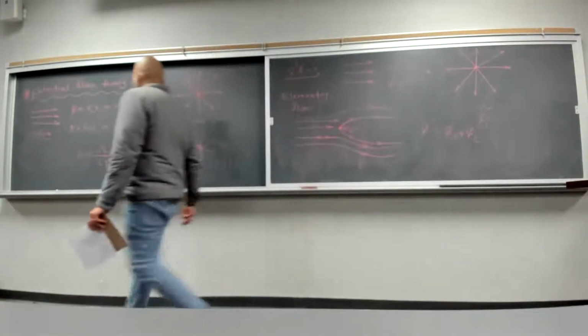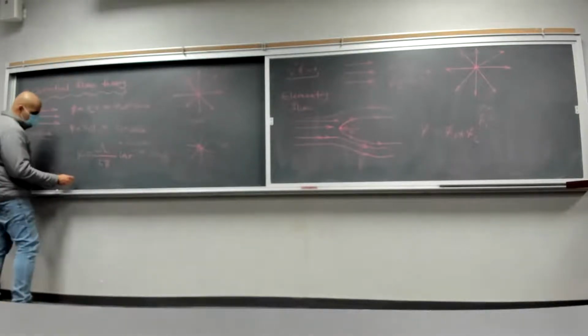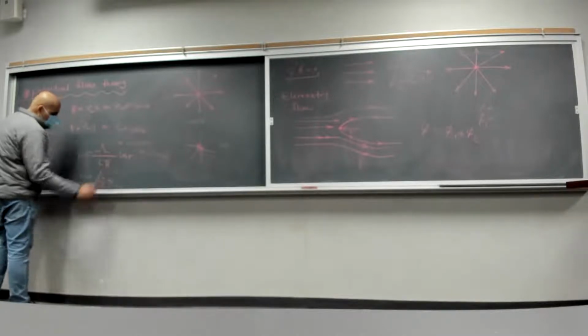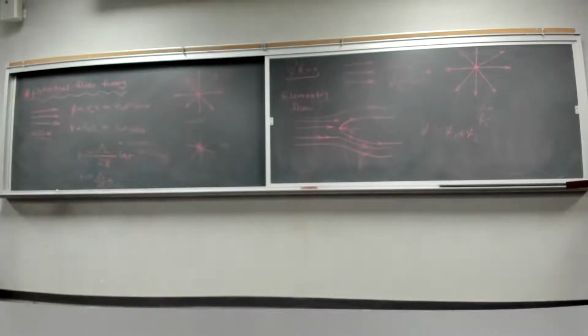And the stream function is going to look like this: lambda divided by 2 pi multiplied by theta.